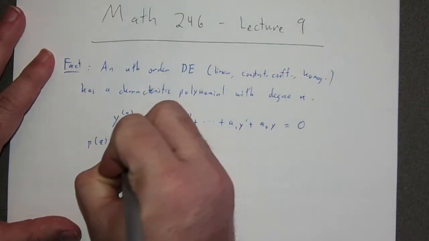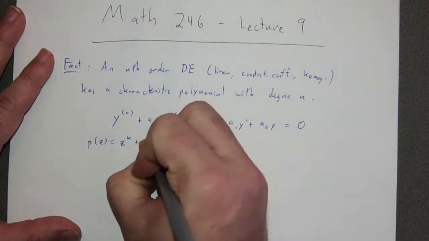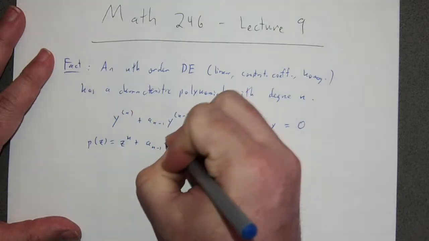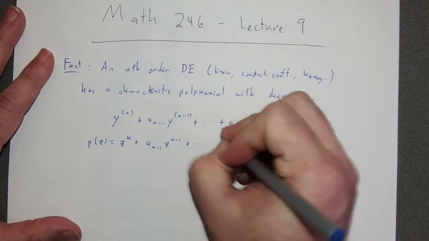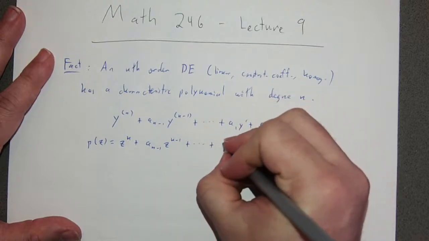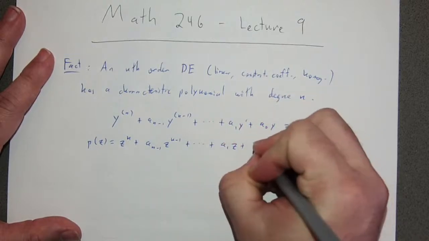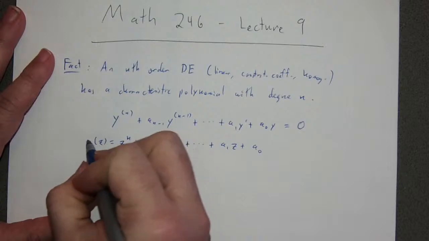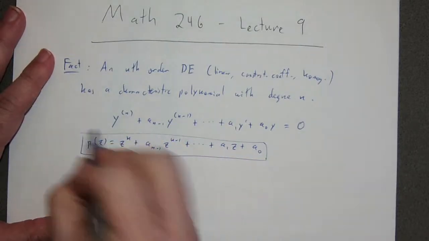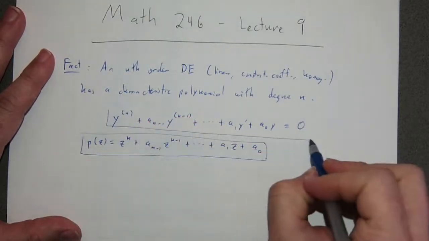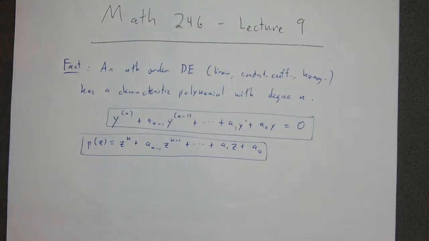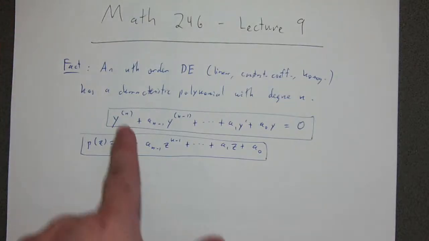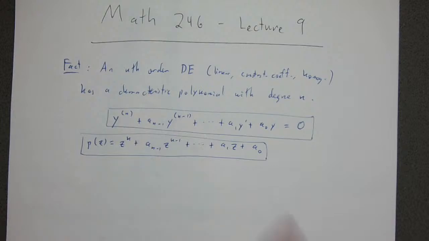It's just z to the n plus a sub n minus 1 z to the n minus 1, and so on, plus a1 z plus a naught. So this characteristic polynomial goes with this differential equation. It's easy to see that the order of the differential equation is the degree of the characteristic polynomial.